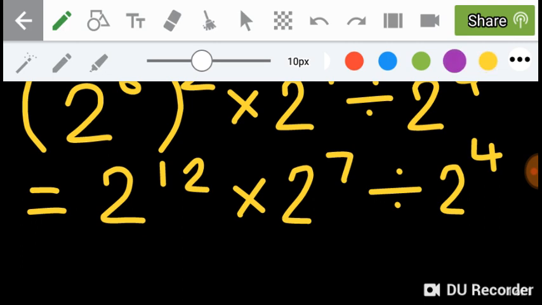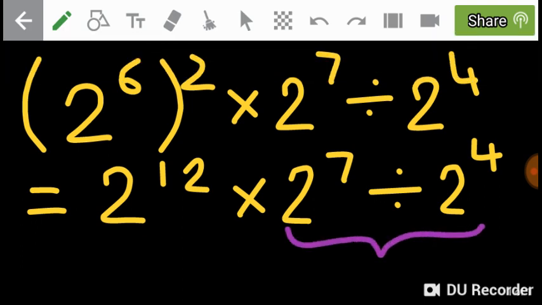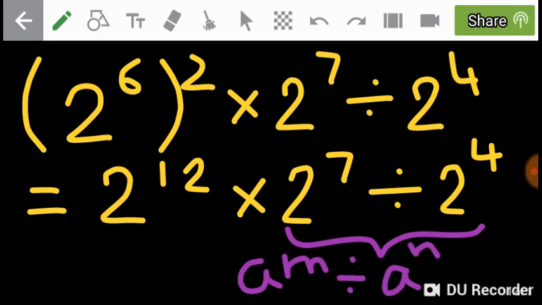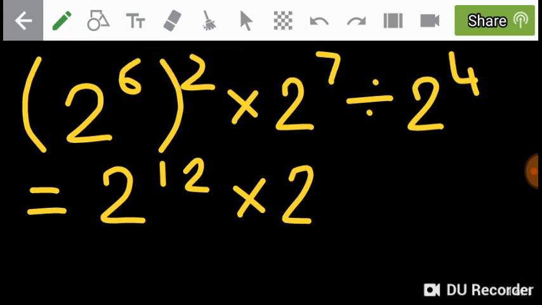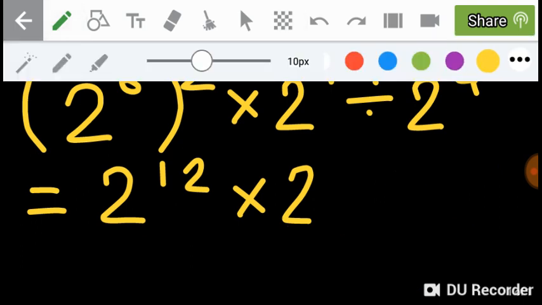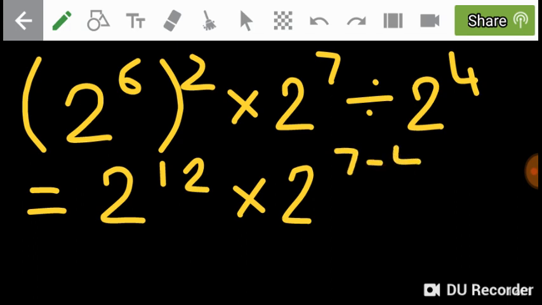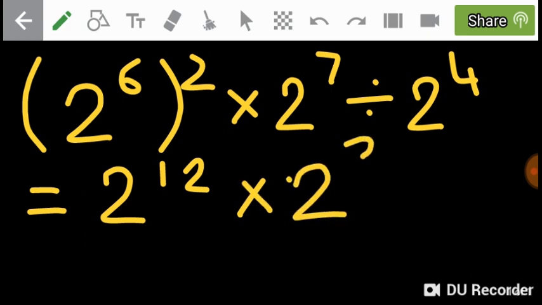So if we do this part, it's definitely going to follow the rule a to the exponent m divided by a to the exponent n, and we know that whenever there is a division, the exponent gets subtracted, m minus n. So let us do it. If we do so, we get the result 2 to the exponent 7 minus 4, which we can directly write down as 2 to the exponent 3.